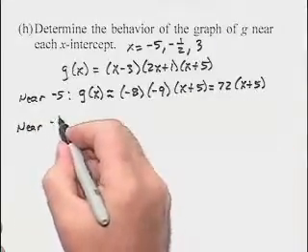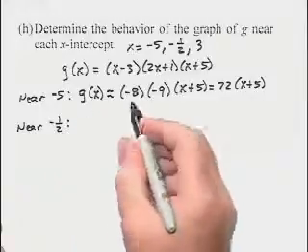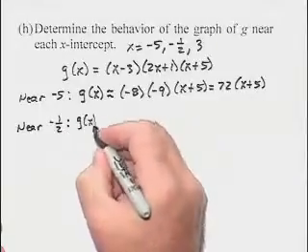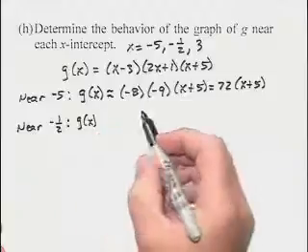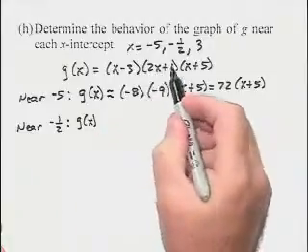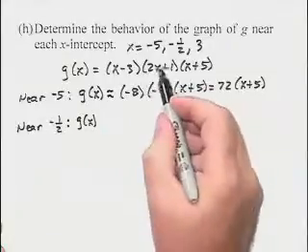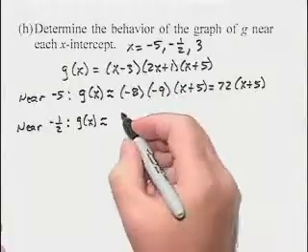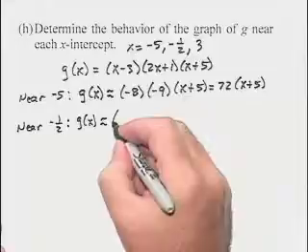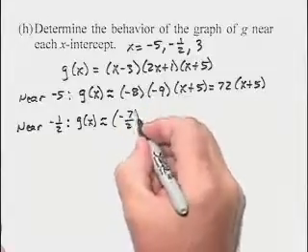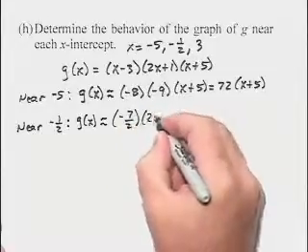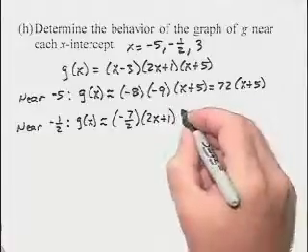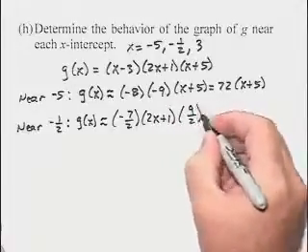Next, we'll look at the intercept -1/2 and do the same thing. We're going to let x equal -1/2 in each of the factors except for the factor that gave us this intercept. That is 2x + 1 in this case. So g of x is going to be approximately -7/2 times (2x + 1) times 9/2.